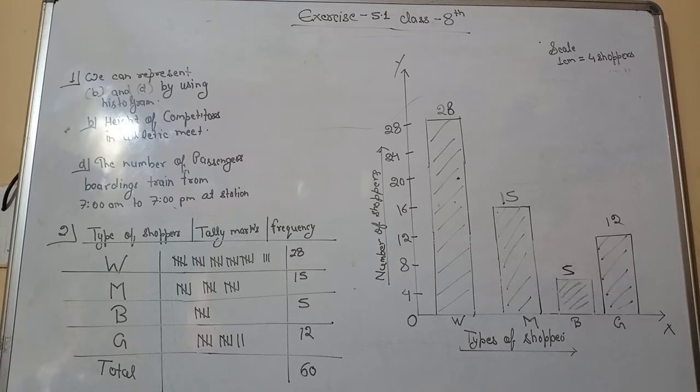Now let us start question number 1. For which of these would you use histogram to show the data? First one is the number of letters for different areas in a postman bag. If a postman is having many letters in his bag, it is not compulsory that in each area he has to distribute 5 letters.